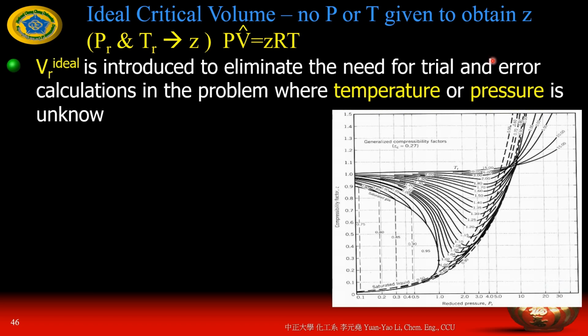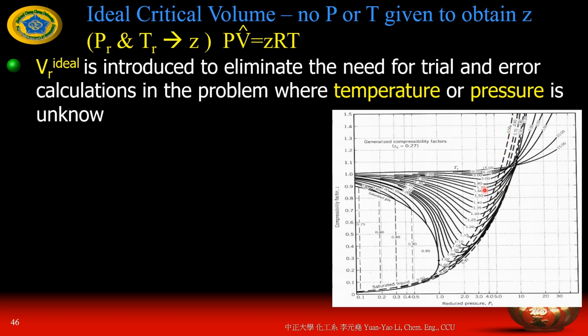Now we introduce another term called VR ideal. VR ideal is introduced to eliminate the need for trial and error calculations in problems where temperature or pressure is unknown. So this is the place. We just know this is PR, this is TR, and actually there's a dashed line here.